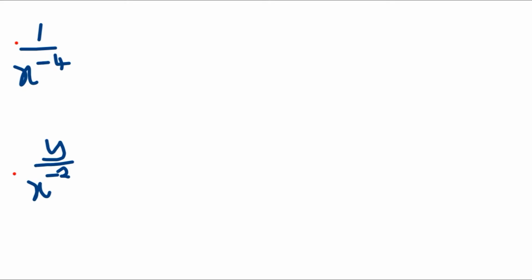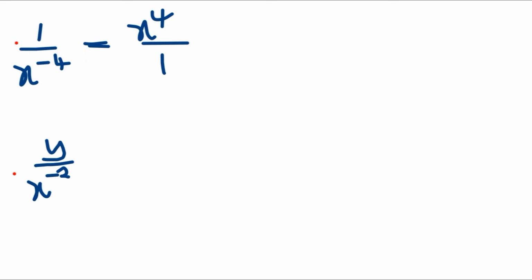For example, if you have 1 over x to the power of negative 4, that can be written as x to the power of 4 over 1. So what you do is switch the numerator and the denominator: x goes up, 1 goes down.